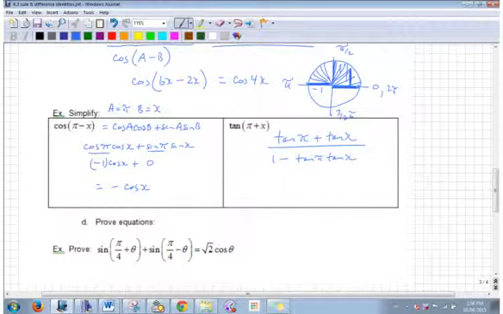Well, tangent is what over what? Sine over cosine. What was sine pi? What's 0 divided by anything? Put it in your calculator if you don't believe me. What's tan of pi? Tan x.